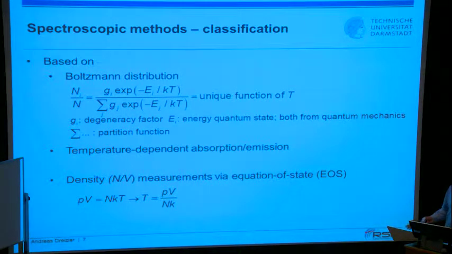You can access the temperature as well. But this needs a calibration as well. So methods number 2 and 3 need calibration, and if you trace it back to the Boltzmann distribution, you can do it without any calibration. So this actually is, in that sense, at least to me, the preferred method, if applicable.